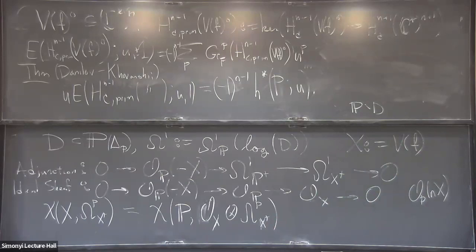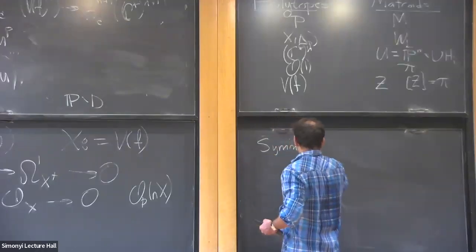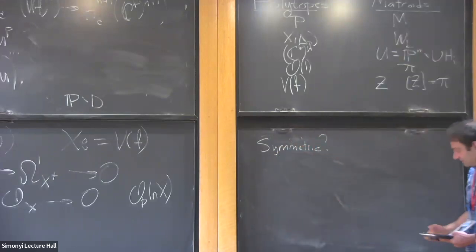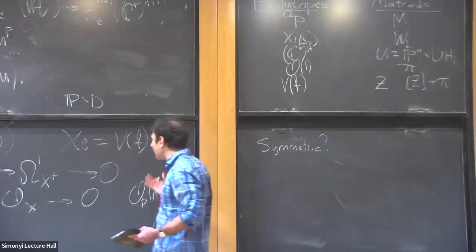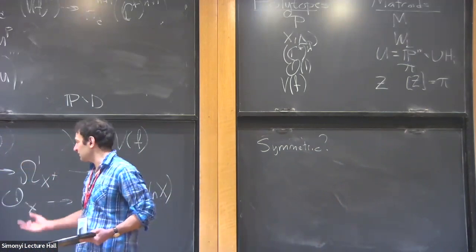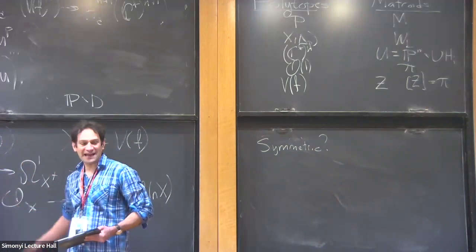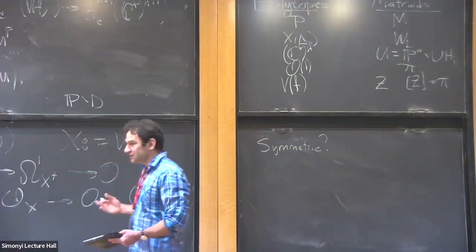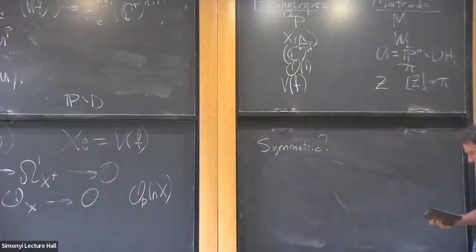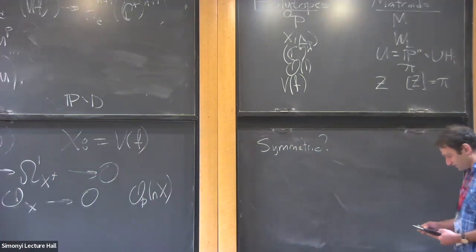Now, H star is not symmetric. And this gives us one way of thinking about why it's not, because we're computing the chi-y, we're computing Euler characteristics of something that's not compact. So you don't expect Poincare duality to hold, or Serre duality to hold if you're talking chi-y characteristics.